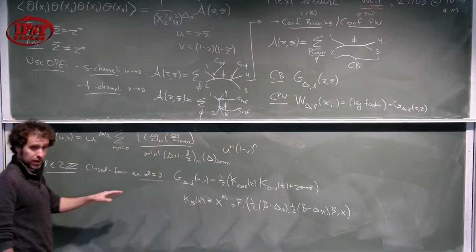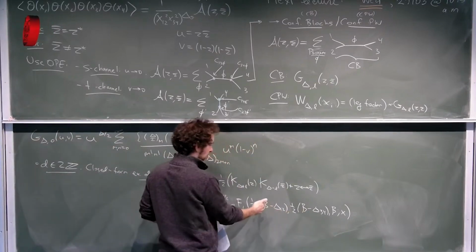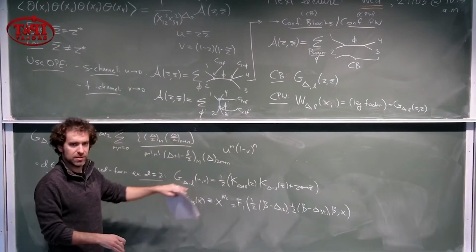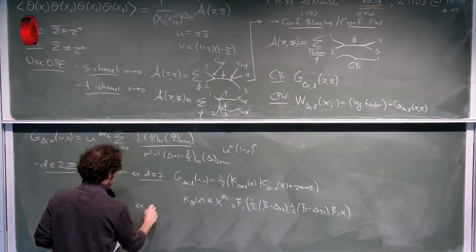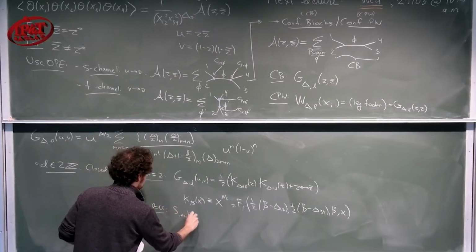In the case where all the external operators are identical, in particular, these things go away. So it's just beta over 2, beta over 2, beta, x. So this is probably familiar to some of you. And at d equals 4, it's similar.